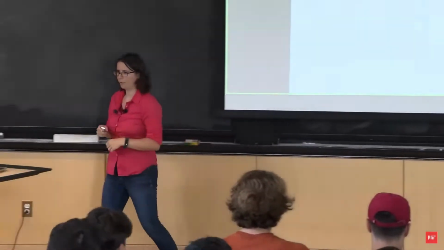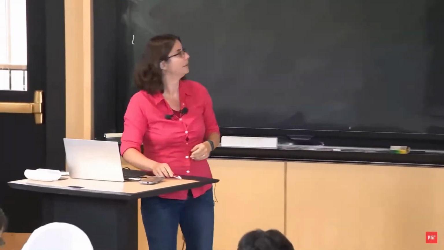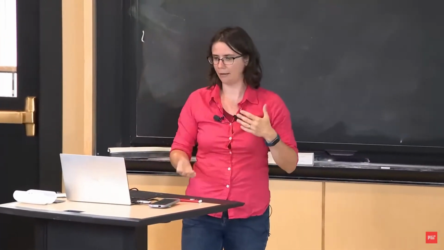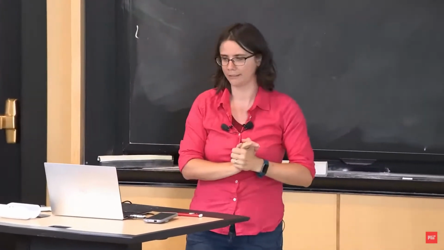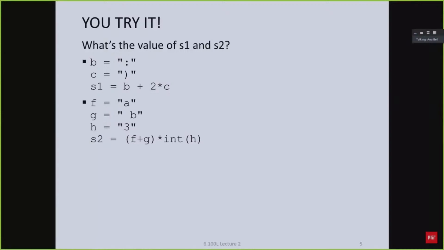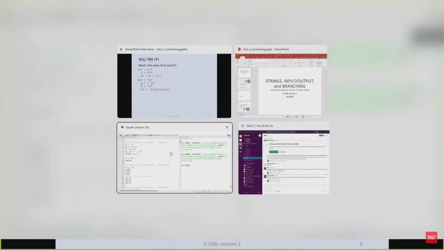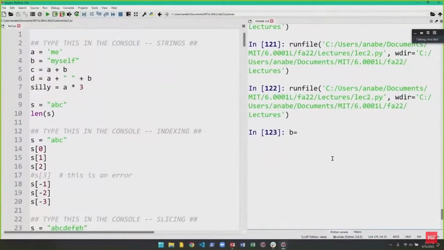All right, let's do a quick exercise to make sure that you all have this. And as you're thinking about what this does, I can start typing it in to the console. Or you can even type it in to check yourself. So B is going to be colon and C is going to be the close parenthesis. So if we go here, right, we have B is equal to just this colon and C is equal to the close parenthesis.